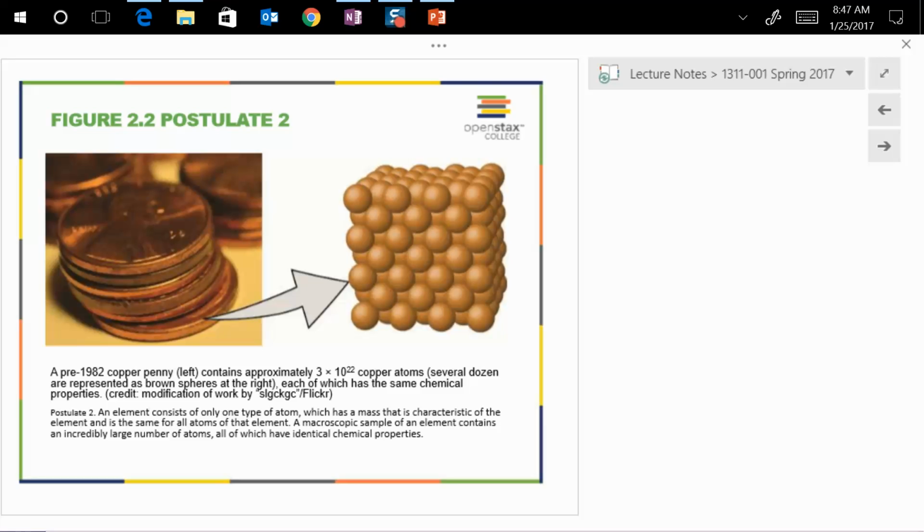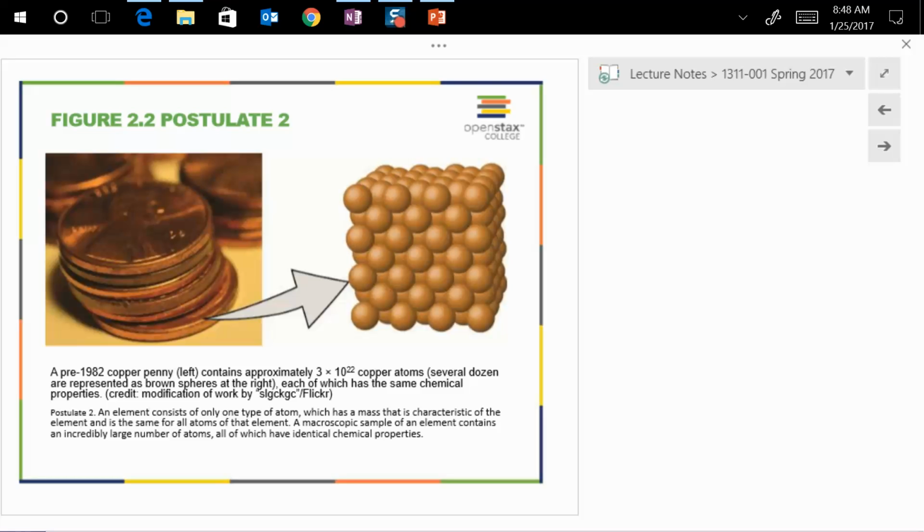In his basic understanding, this is a very good postulate. Now, this postulate no longer holds completely true, and we'll see why. For example, with copper, if all the copper atoms had the same mass, then this would be a whole number instead of a decimal.